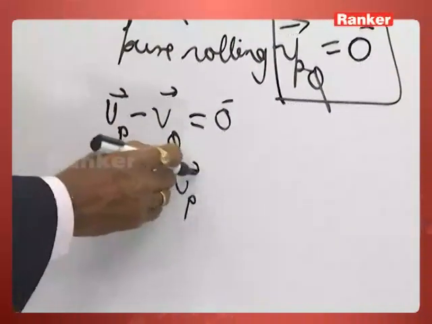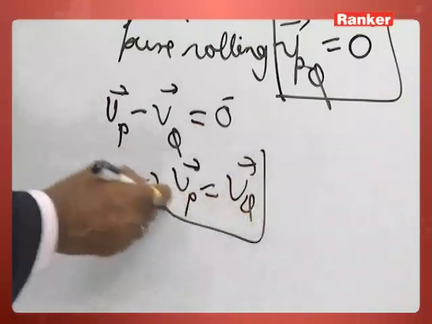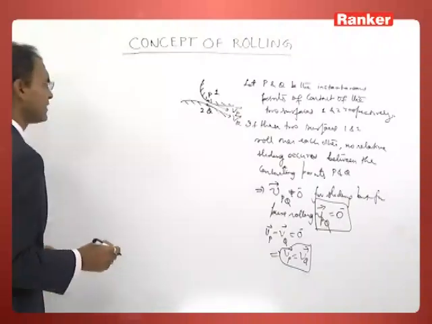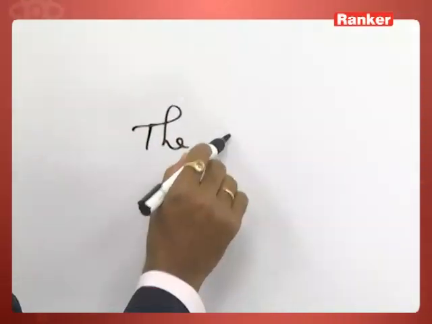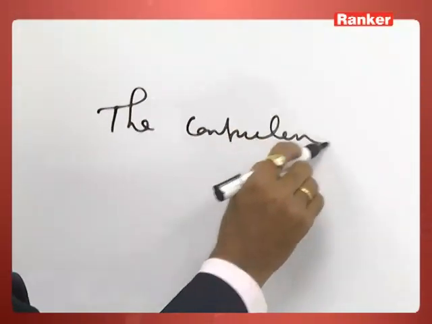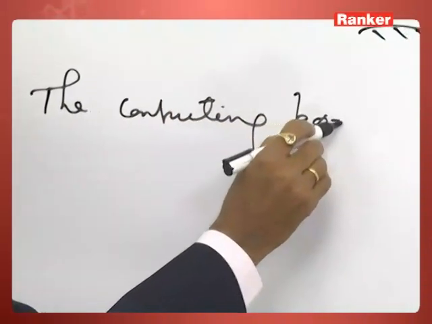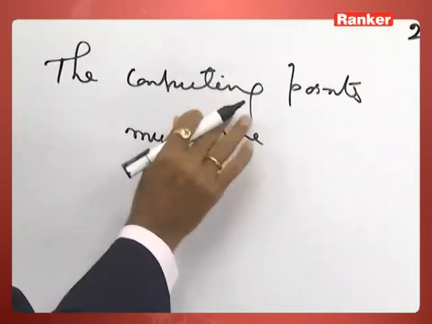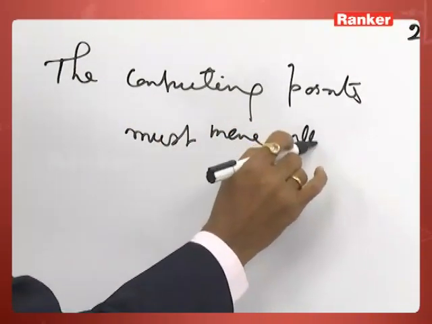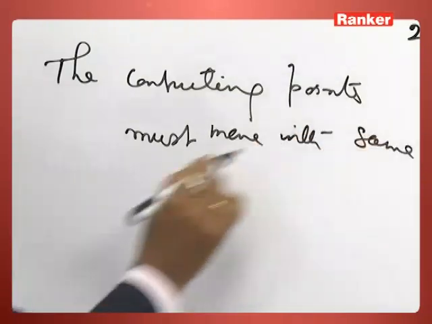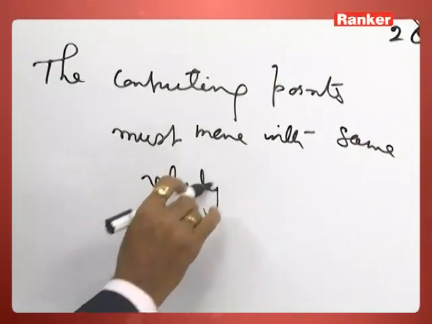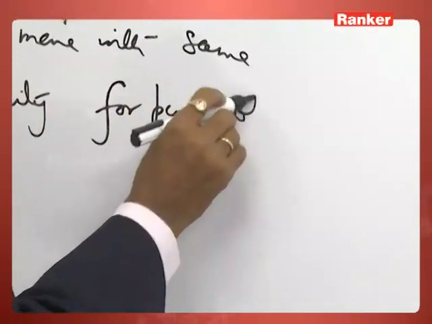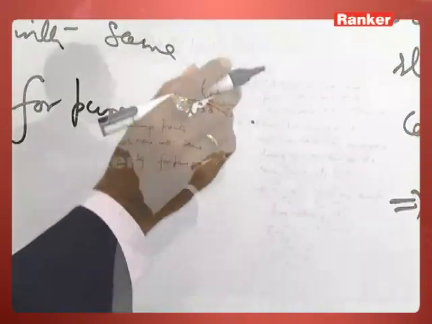This means that the contacting points must move with the same velocity for pure rolling.